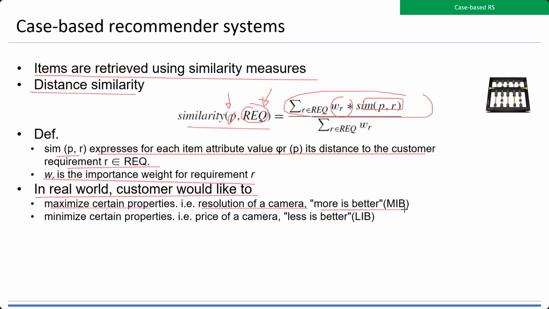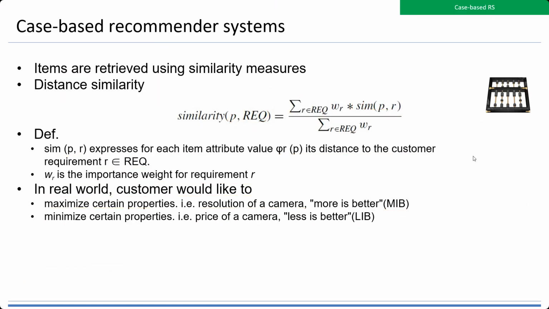But we want to minimize certain properties, like the price of a camera. Less is better. Yeah, this is human nature. We want to have very good quality with less price. That's common. Then using this, we can calculate the similarity.